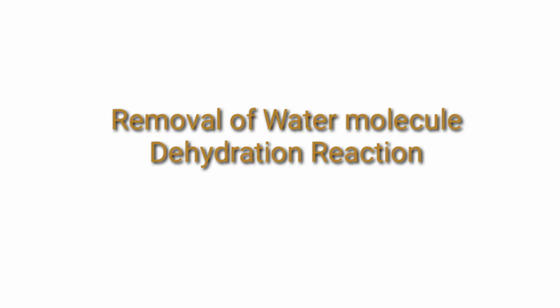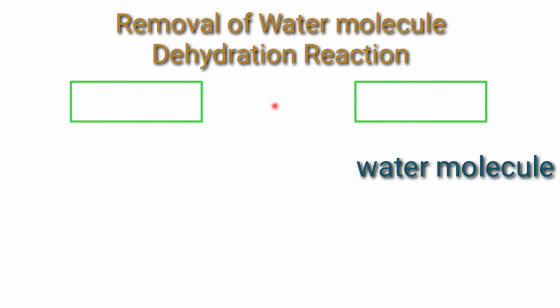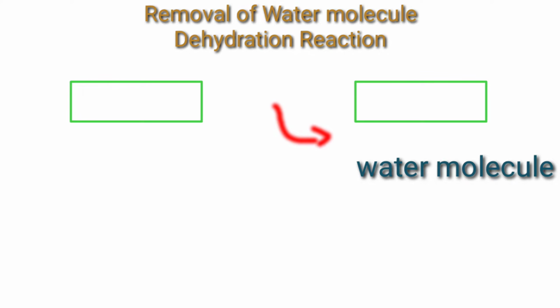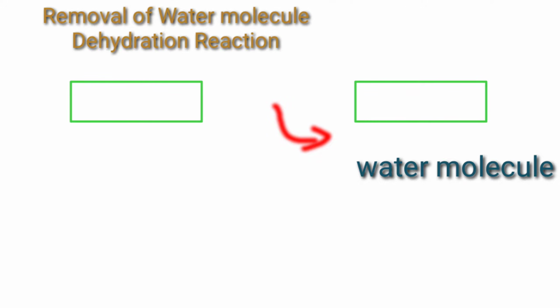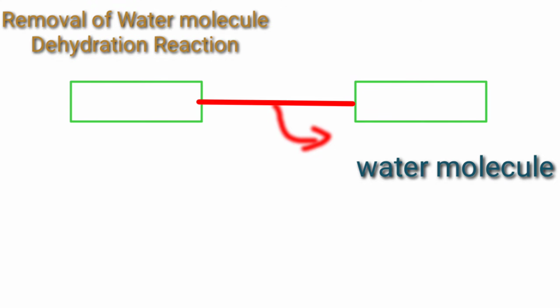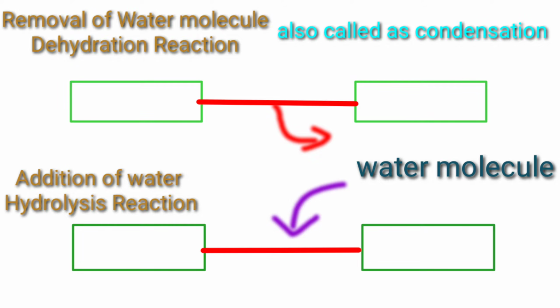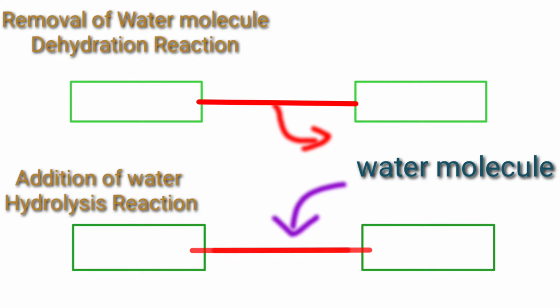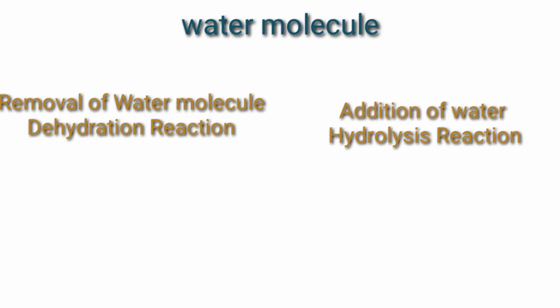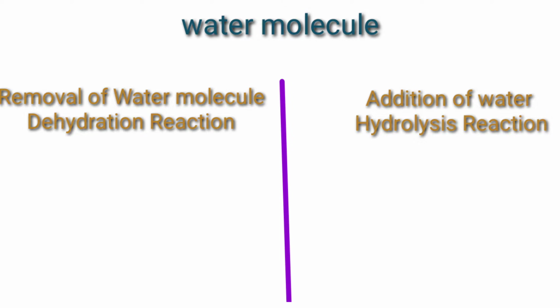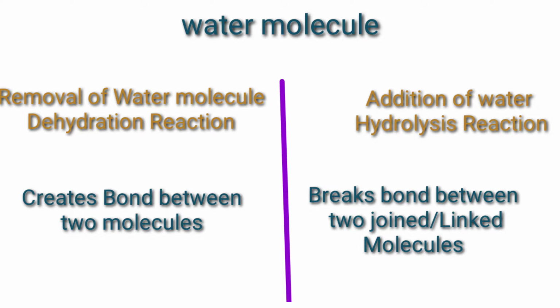Always remember this: whenever a water molecule gets removed, there is a dehydration reaction which results in bond formation, and whenever you add a water molecule to the bond, that bond gets destroyed, and that reaction is known as a hydrolysis reaction.